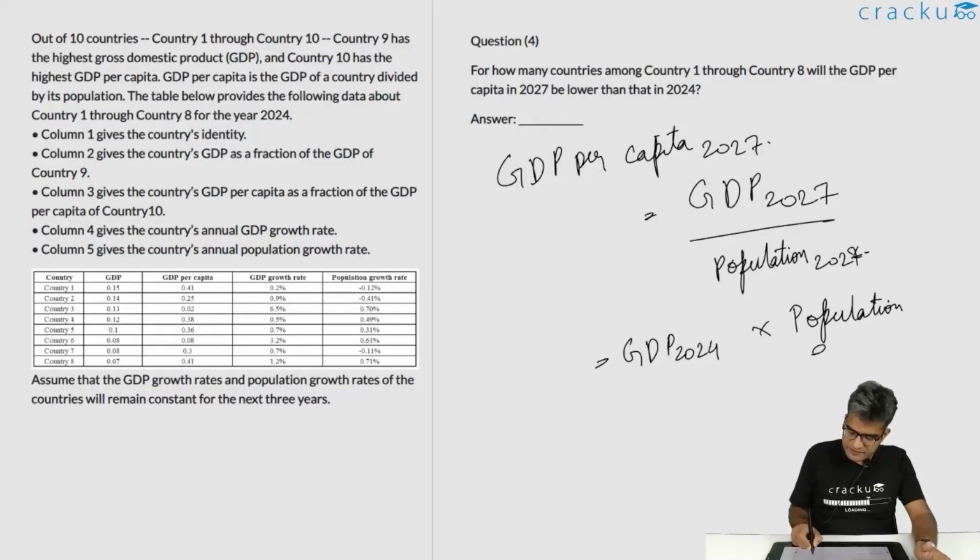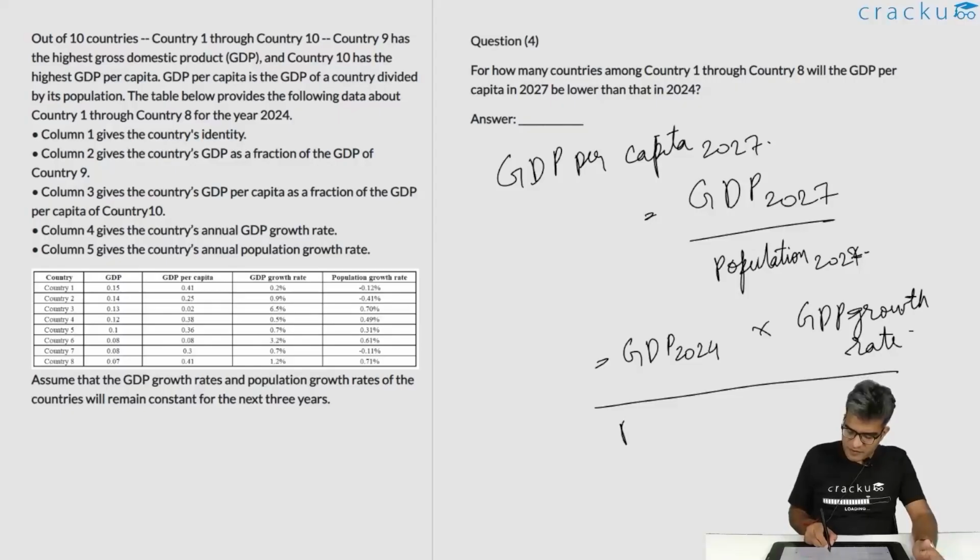Sorry, it is not population growth rate, it is GDP growth rate. So GDP in 2027 is GDP in 2024 into GDP growth rate. Similarly, population in 2027 is population in 2024 into population growth rate.